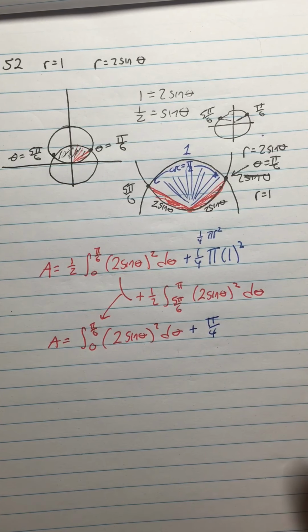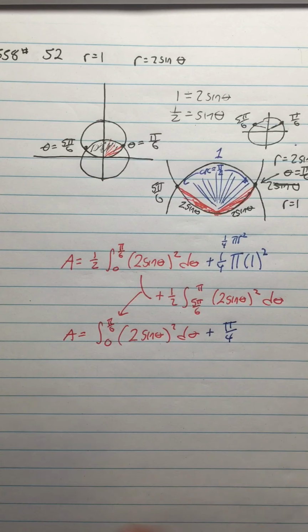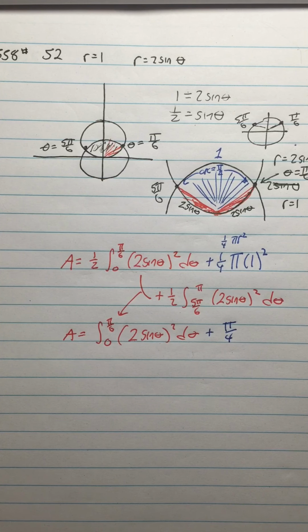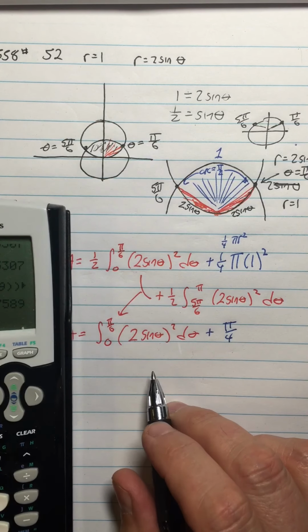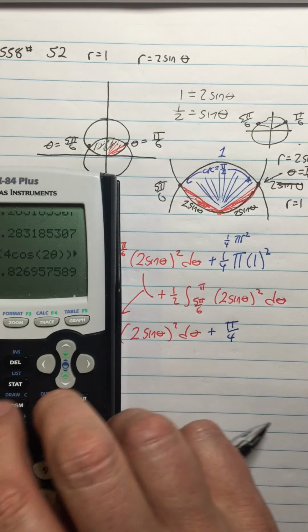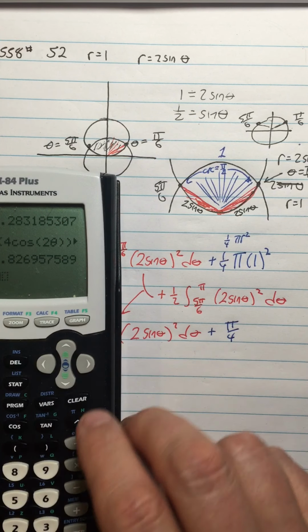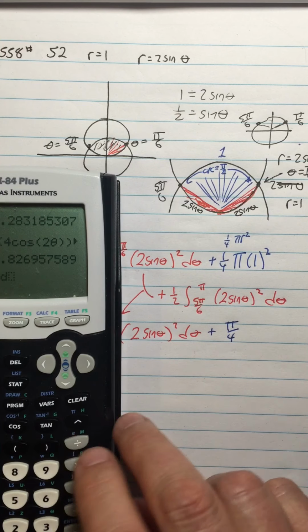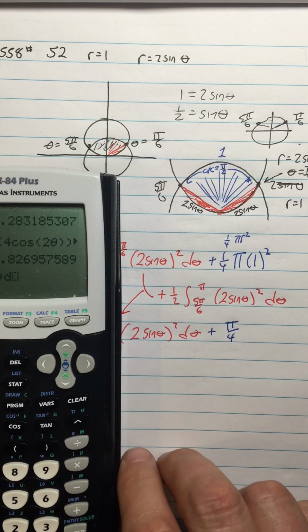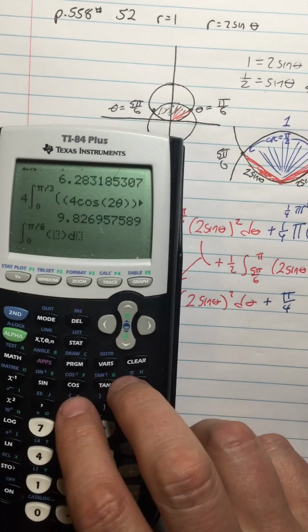So basically, all these shapes need an individual treatment of the analysis of what makes up the shape, and therefore what the area is going to be. So let's go ahead and finish this out. We need math 9 for our integral. We're doing 0 to pi over 6, and we're doing 2 sine theta squared.